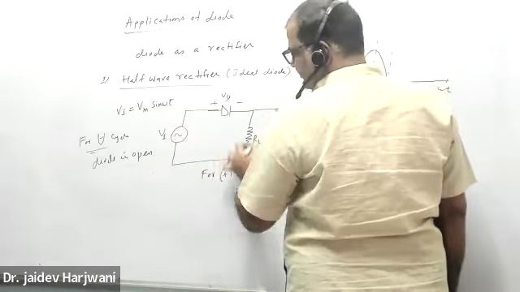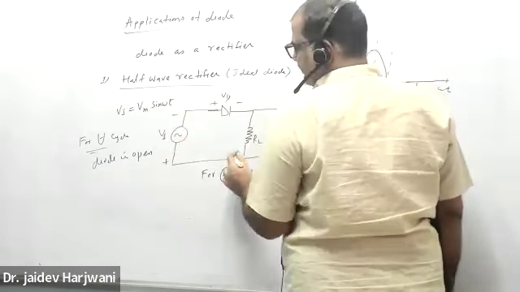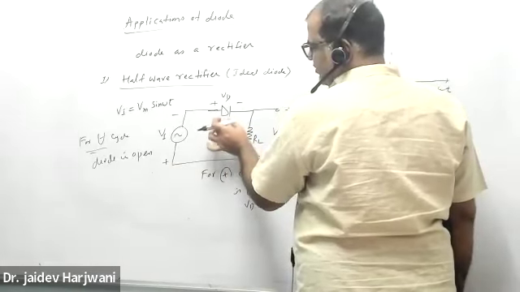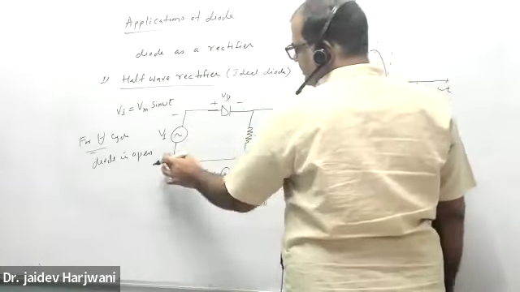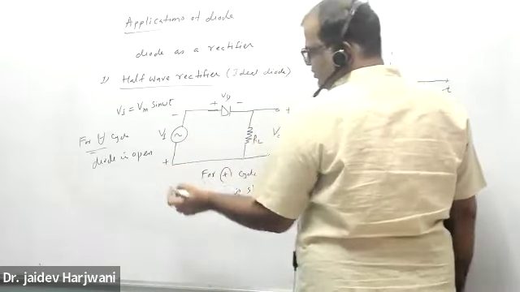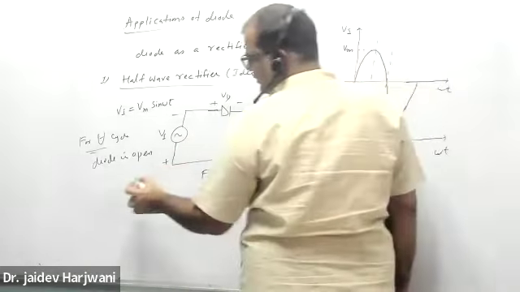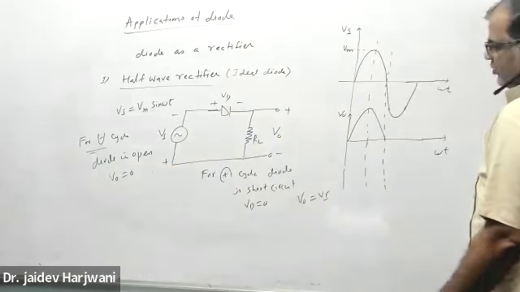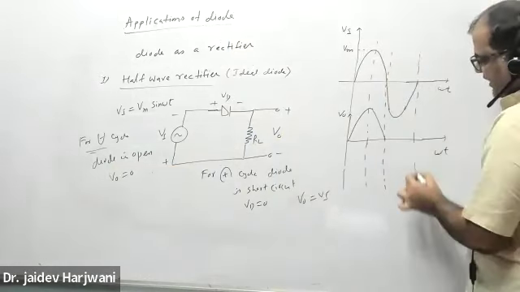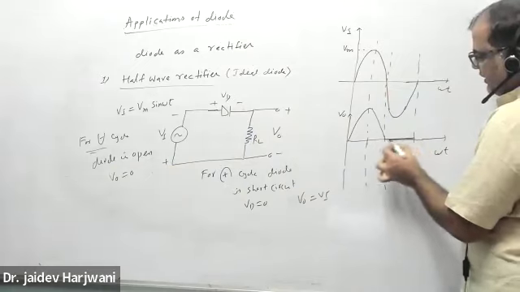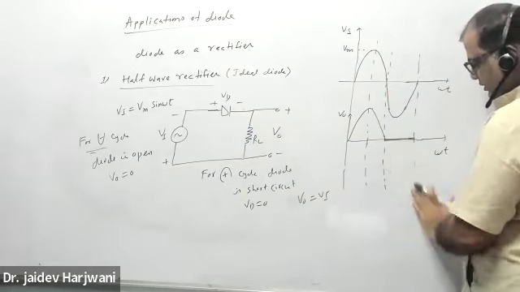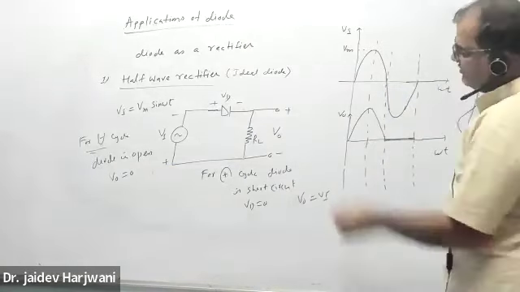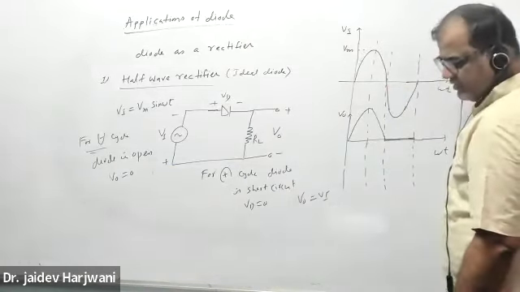Current will flow the opposite way. This part will become positive, this become negative. And because of this voltage, this diode will now become reverse bias. So you can make it open. So when open is there, there is no current in the load. No current in the load means your V output will be 0. So for negative cycle, you will not get any output in the load resistance. So this is your half wave rectifier.